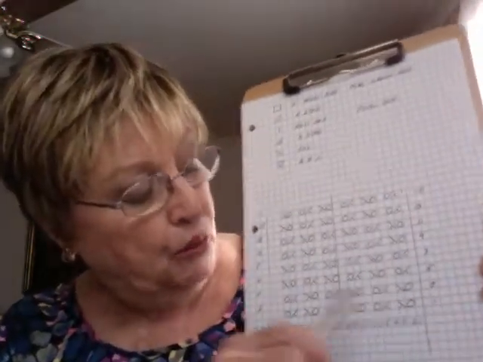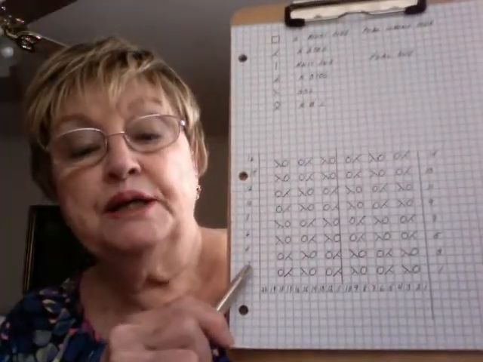Then the number one would be on this side. So it's really not that difficult. It's really simple. It's a matter of sitting down and understanding what the symbols mean.